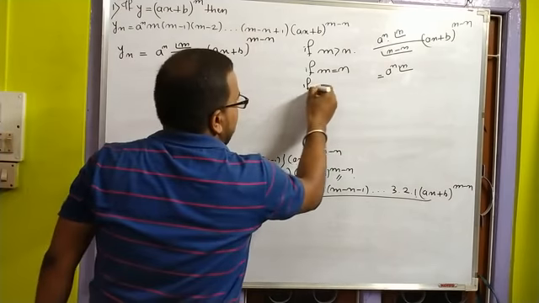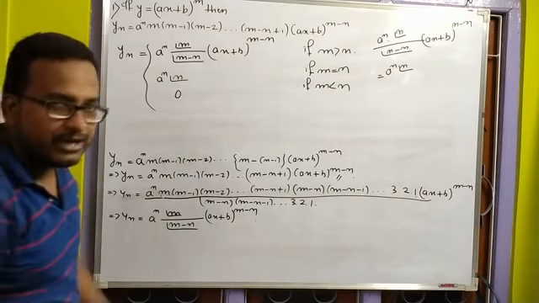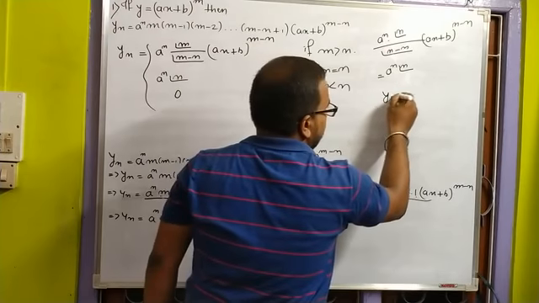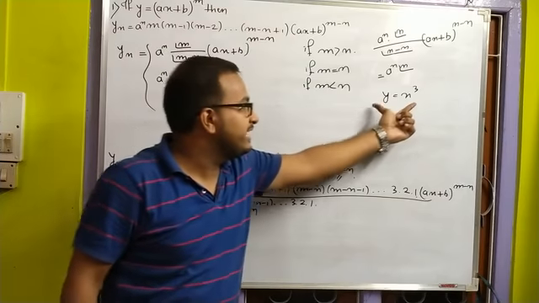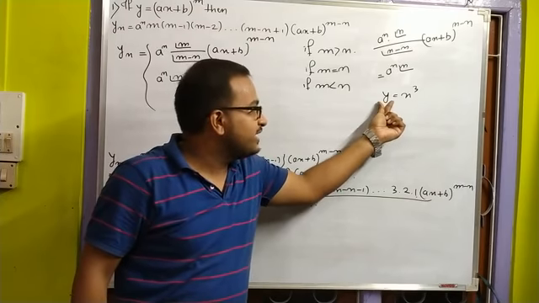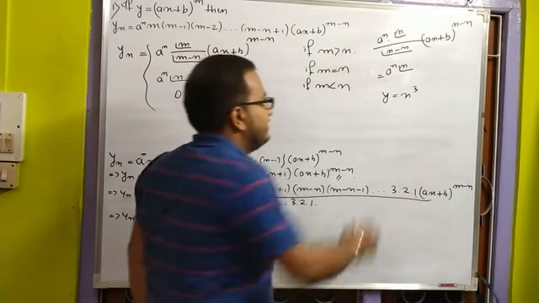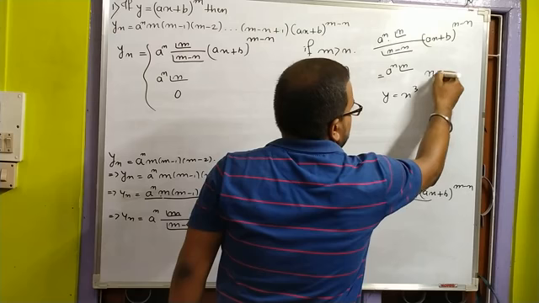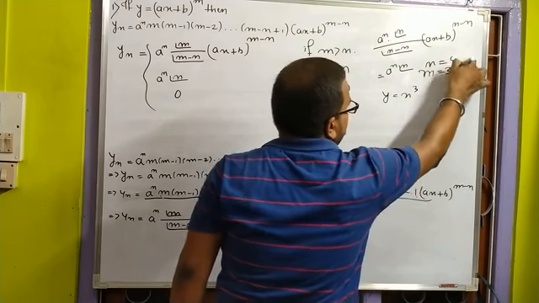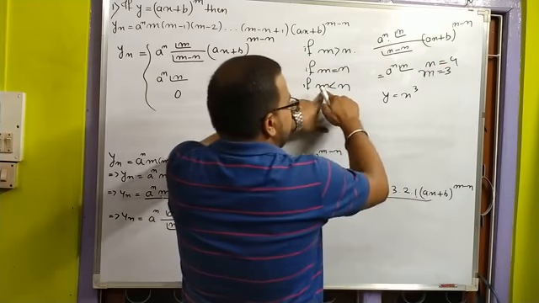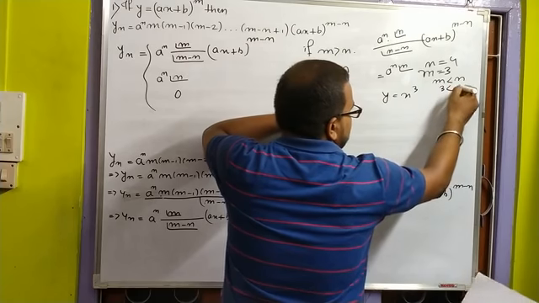Now if m is less than n, then the answer is 0. Why is it 0? Let me take one example. y equals x cube, and in an earlier case we have seen that we can differentiate this function 3 times, right? Now here you see this 3 is your m. My m is 3, right? Now if your n is 4, that means my case is m less than n, because 3 is less than 4.